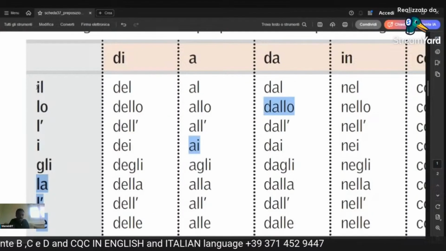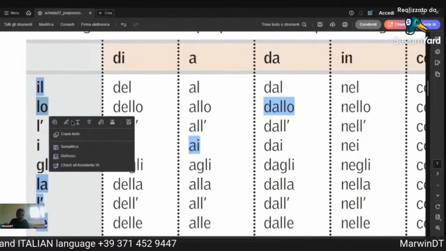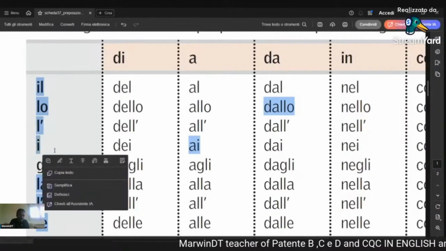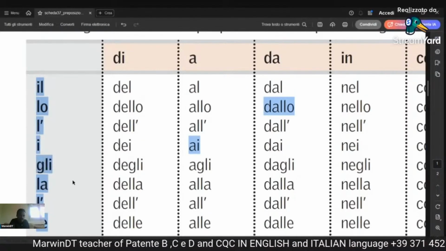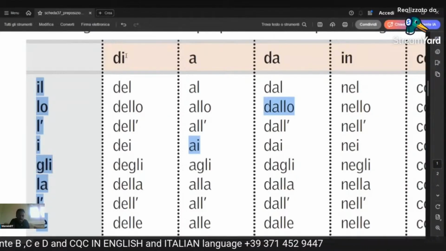Il. Let's check it very well. Let me mark it well, so that we can follow it very well. So, il plus di is going to give us del. Here we go.